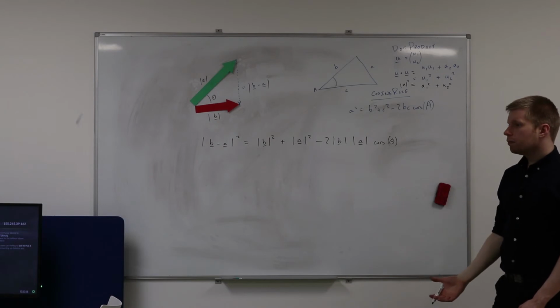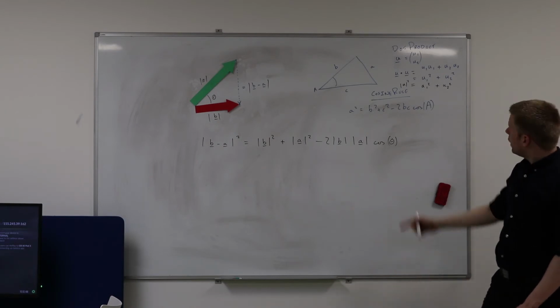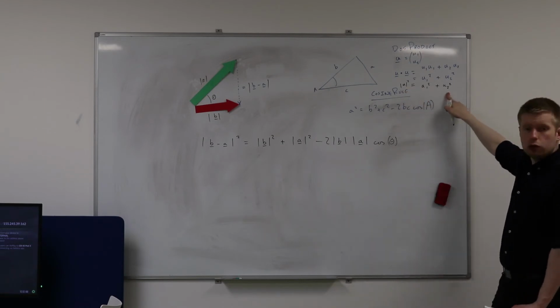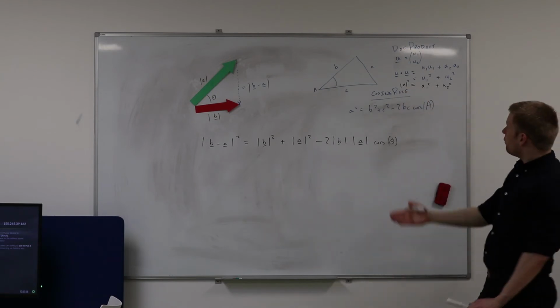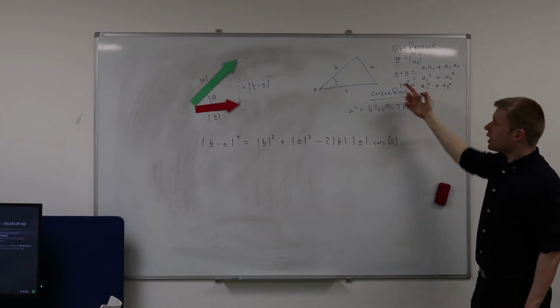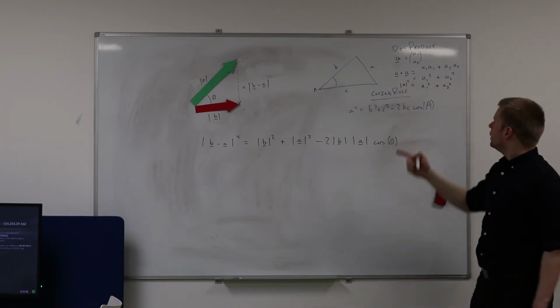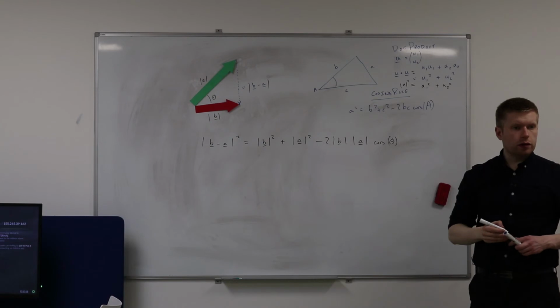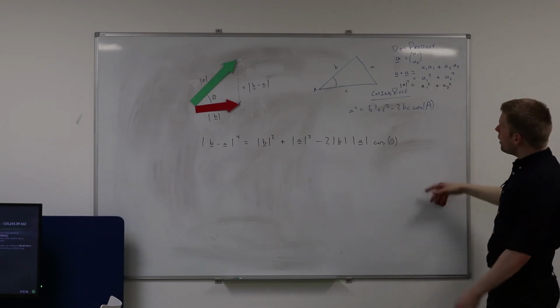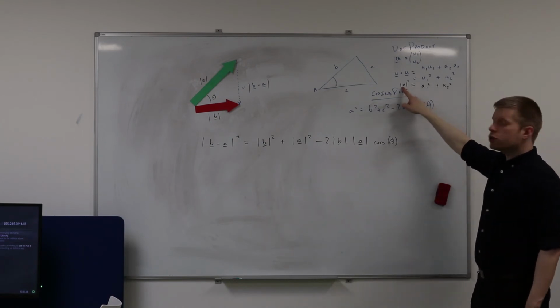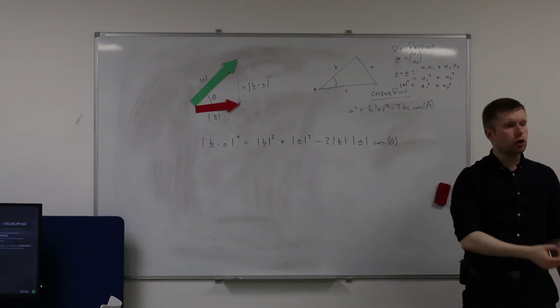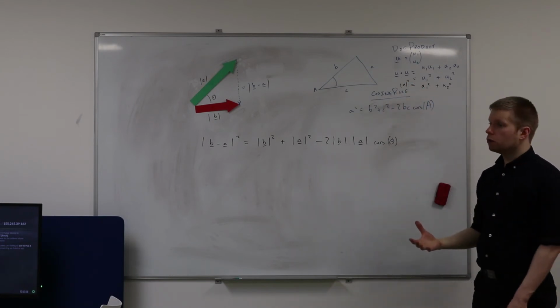That should be the same, shouldn't it? Like the length of u will just be u1 squared plus u2 squared square rooted. So therefore, if I square both sides, I should get modulus of u squared should be equal to u1 squared plus u2 squared. So what I have proved there is that modulus of u squared should just be equal to u dot u. Okay, so the dot product of u, right?